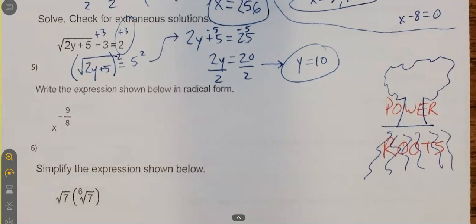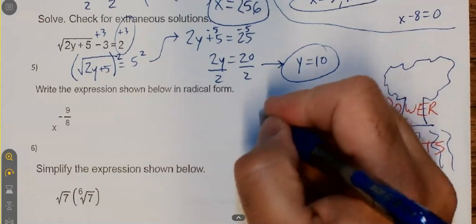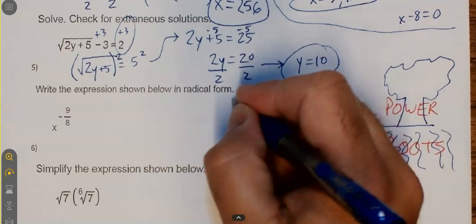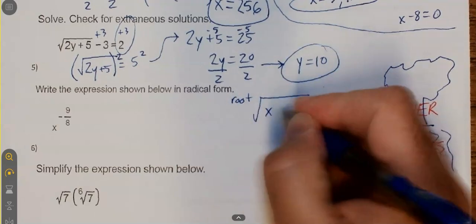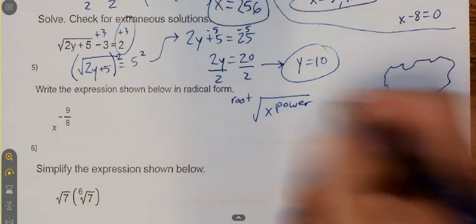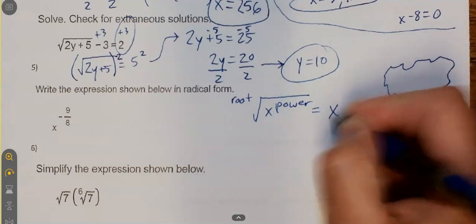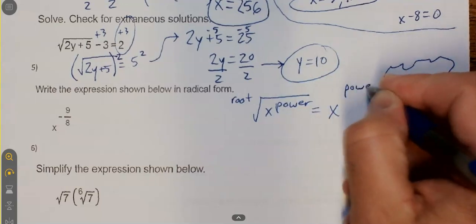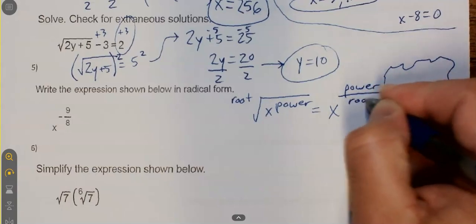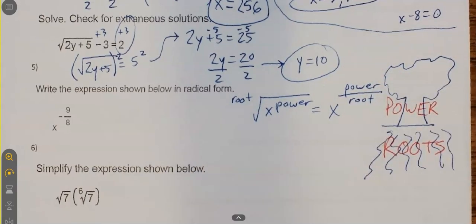Trying to help you understand fractional exponents, the power's on top, the root's on the bottom. So, when you write something in radical form, you can change it to fractional exponent form, or back and forth, whichever way you need.